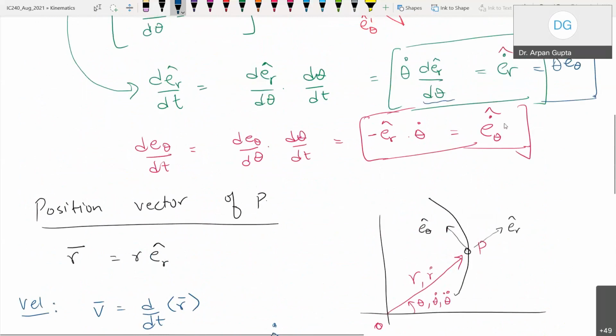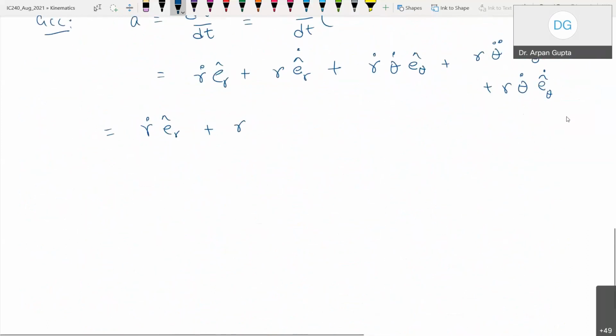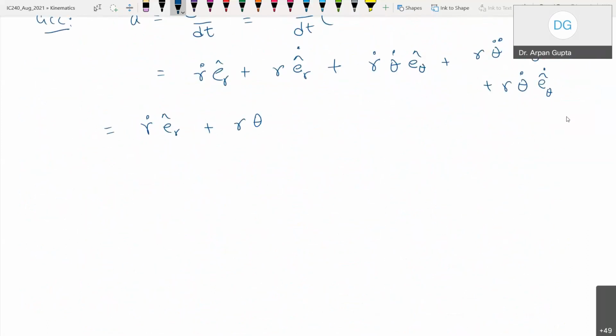So e r cap dot is this thing, which is theta dot e theta cap, plus r dot theta dot e theta cap plus r theta double dot e theta cap plus r theta dot into e theta cap dot.